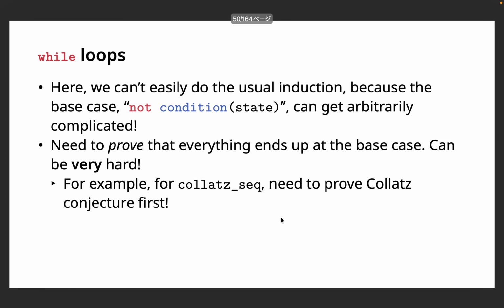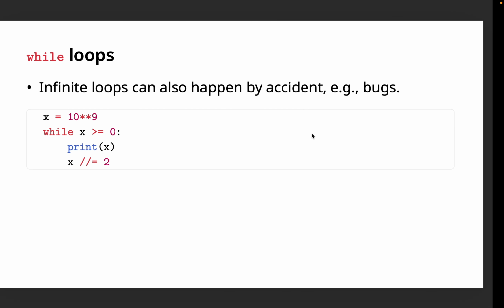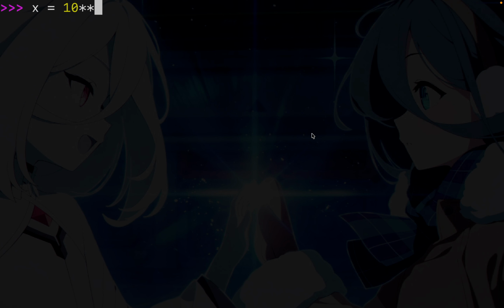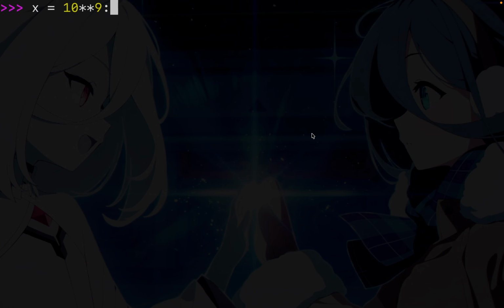And aside from hard stuff like this, it can also happen accidentally. So let's say I have this example here. This is very similar to the first while loop we had a while ago. So x is 10 raised to 9. While x is not negative, we print x, then we divide x by 2.